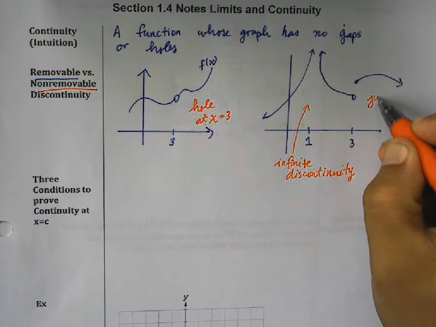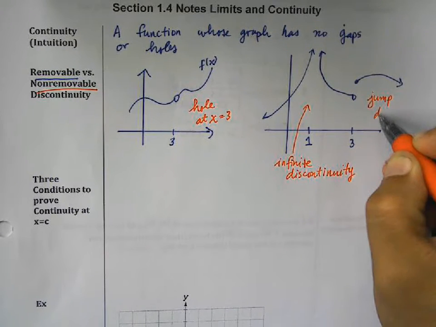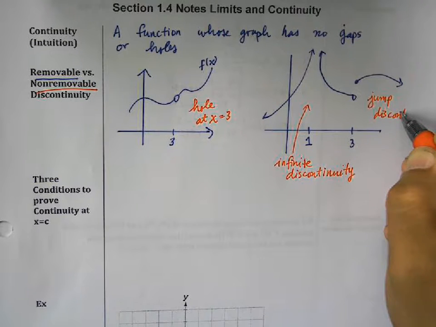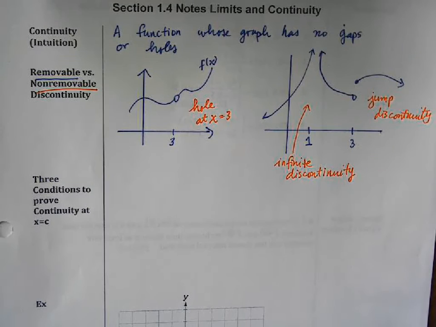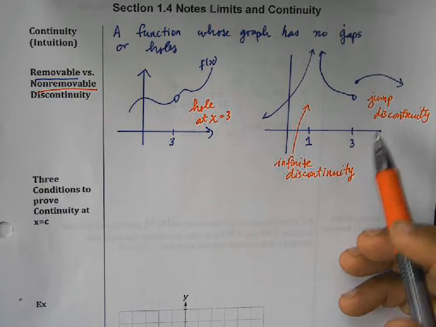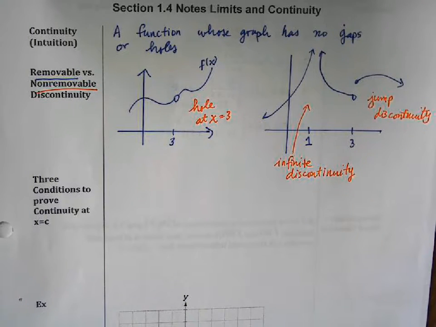And here what we have is what's called a jump discontinuity. So that's just the three types, but we can categorize them as removable and non-removable discontinuity.